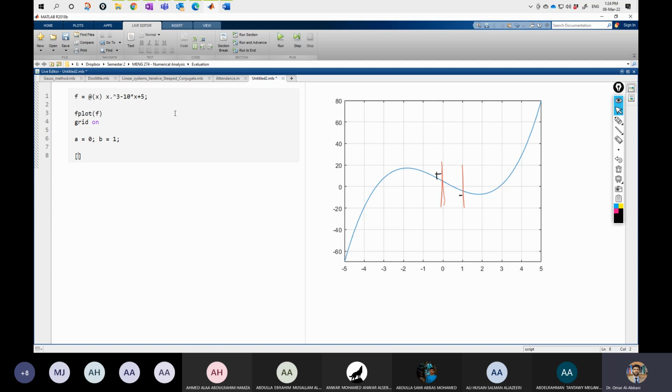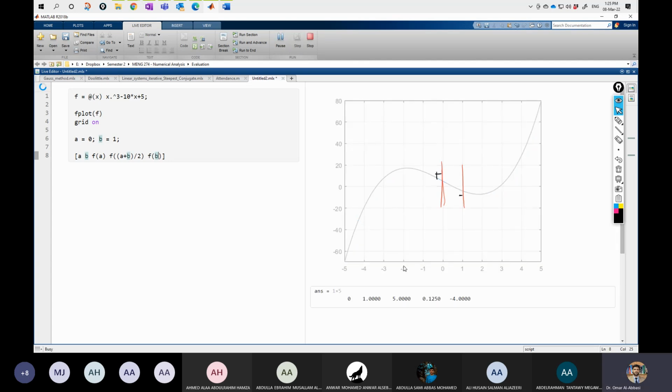I will say that is limit A, that is B, this is f of A, and I want the midpoint as well, right? So how much is the midpoint? It is f at A plus B divided by 2, and I need f at the other limit. Okay. So let's do that, guys.